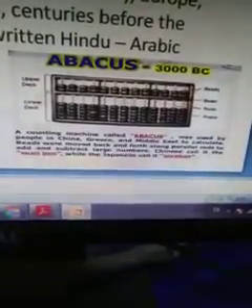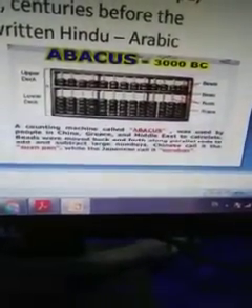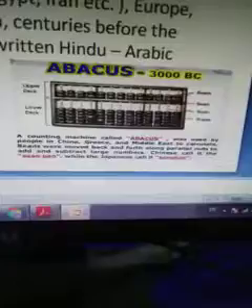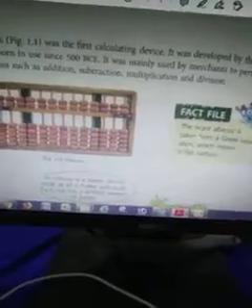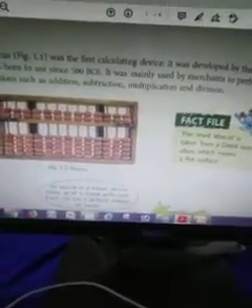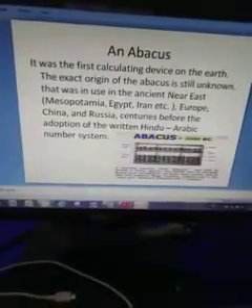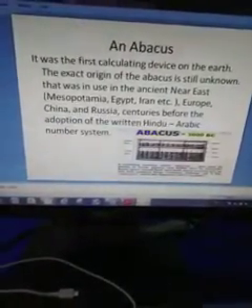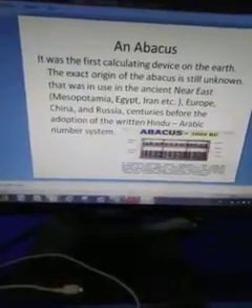The beads move up and down, and by that the calculation can be done. It was used by merchants to perform basic calculations such as addition, subtraction, multiplication, and division. The abacus is around 3000 years old.